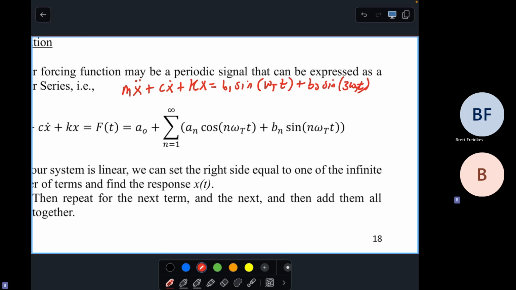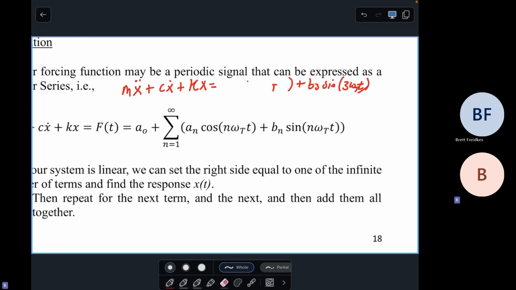Let's just pretend we use this to approximate the square wave. You can now solve this differential equation twice. Once with this as the forcing function only, so basically, this wouldn't exist. And then once with the other forcing function only. You find x1 of t, x2 of t, add together. Now you have the response due to both of them. That's the motivation behind this.